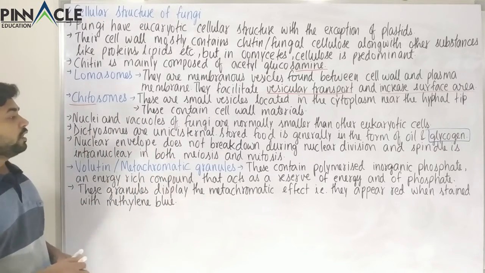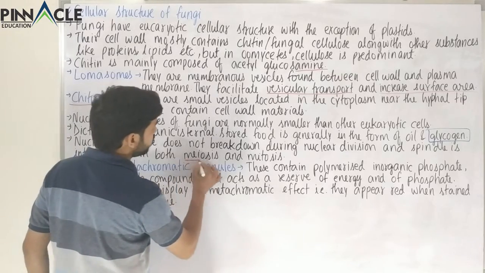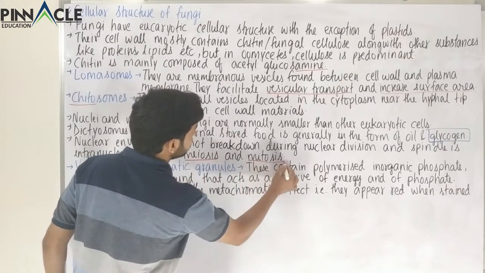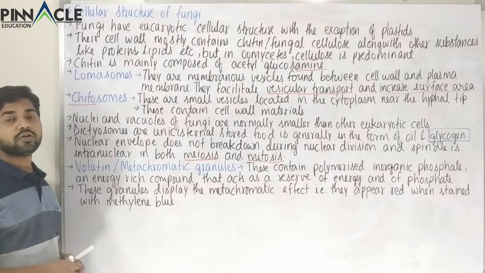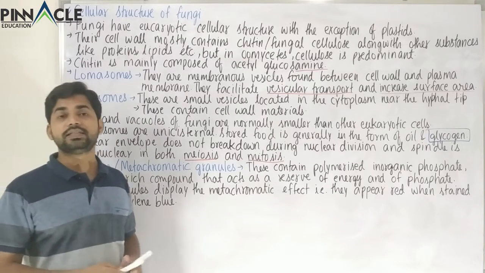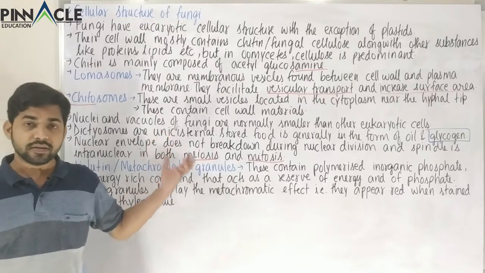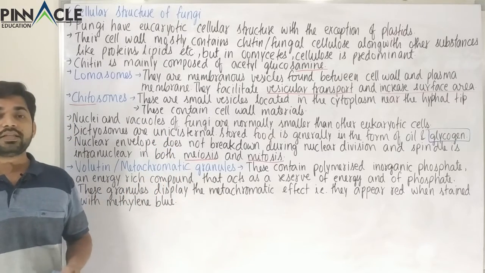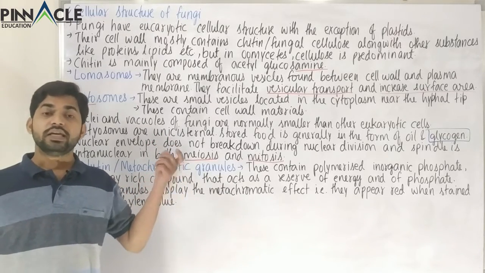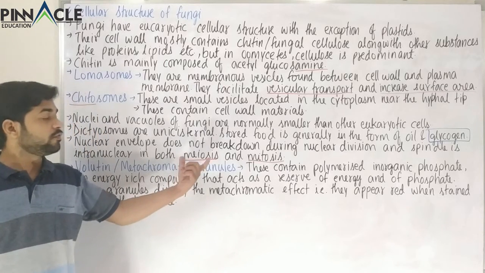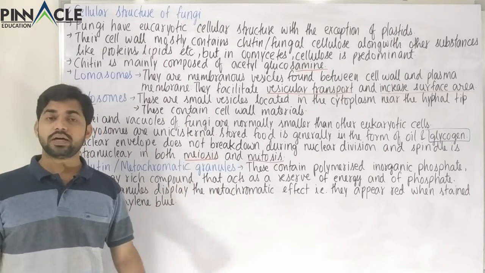Apart from that, there is something called meiosis and mitosis. These are also to be studied in detail in chapter number 10, but here we must remember that meiosis is a sort of reductional division and mitosis is a sort of equational division. In a fungus, both of these could occur.